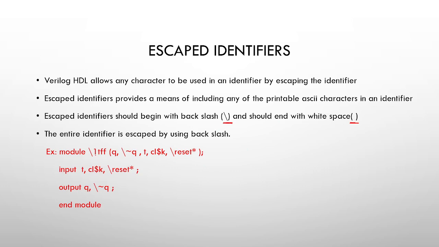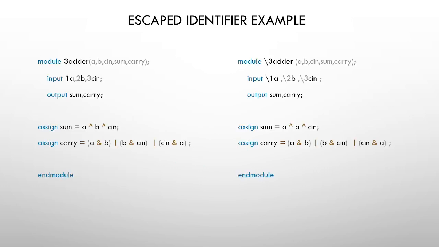Let us see this program. In this there are a lot of errors. It shouldn't start with a number, but it has, so this is invalid. These three are invalid. Now if you don't want them to be invalid, what can you do?